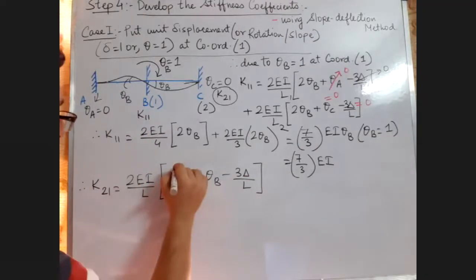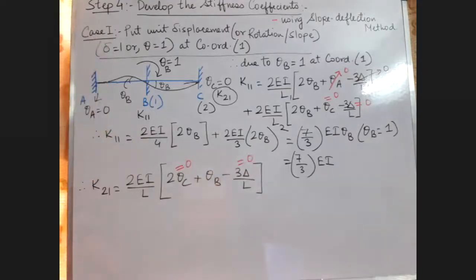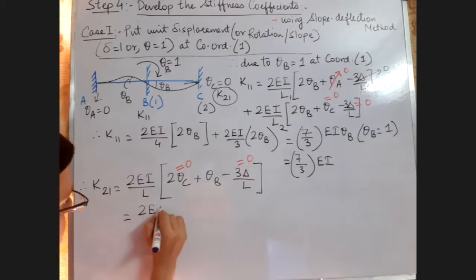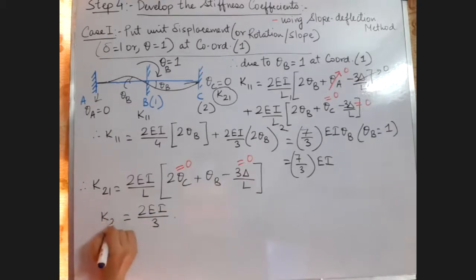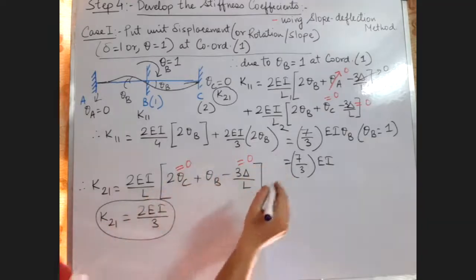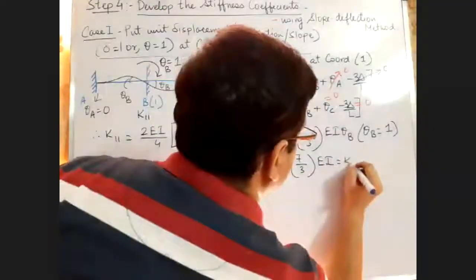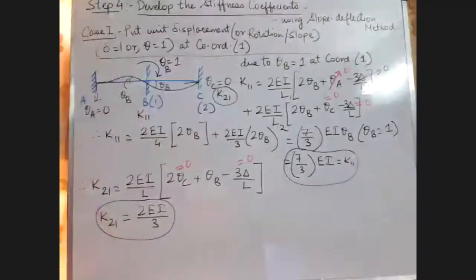Here theta C is 0, delta by L is 0. So K21 is 2EI by 3. You can box these elements also, because you will require these values.